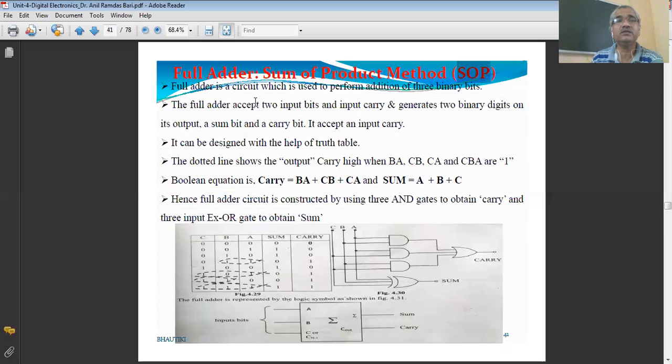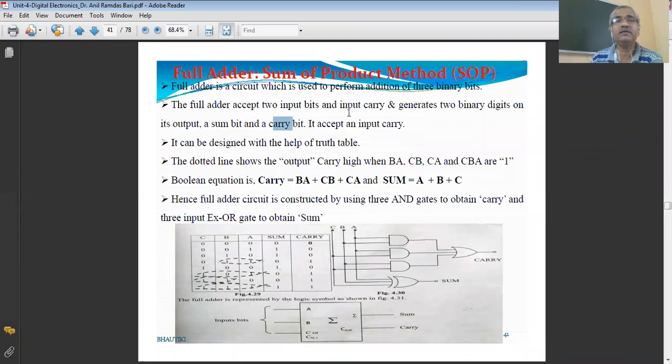So a full adder is a circuit which is used to perform addition of 3 binary bits. The full adder accepts 2 input bits and an input carry. So A and B are the inputs, and C is the carry, and it generates 2 binary digits at the output. One bit is called the sum, and the other is called the carry bit.